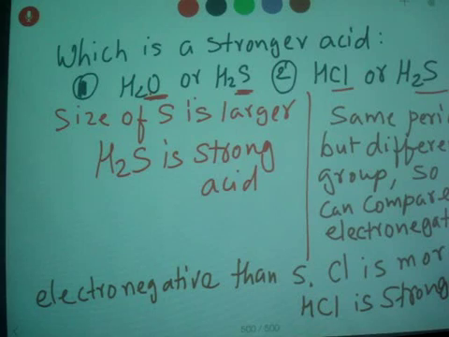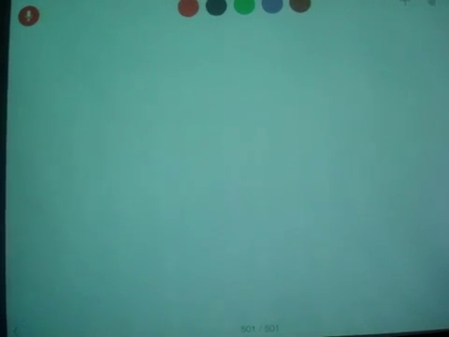Okay. Now we are going to work on oxyacids. So what are oxyacids? Let's go to the next example.